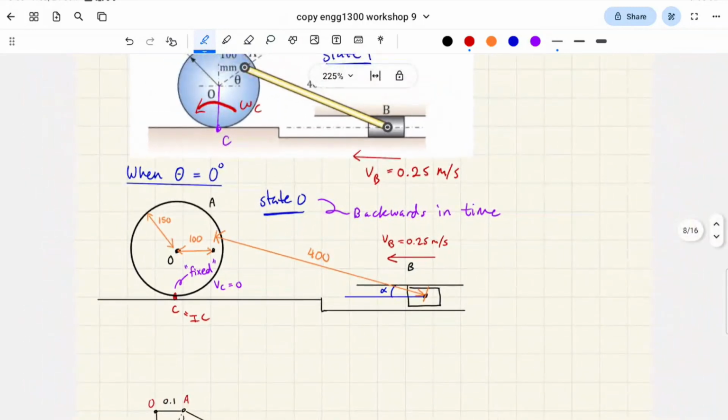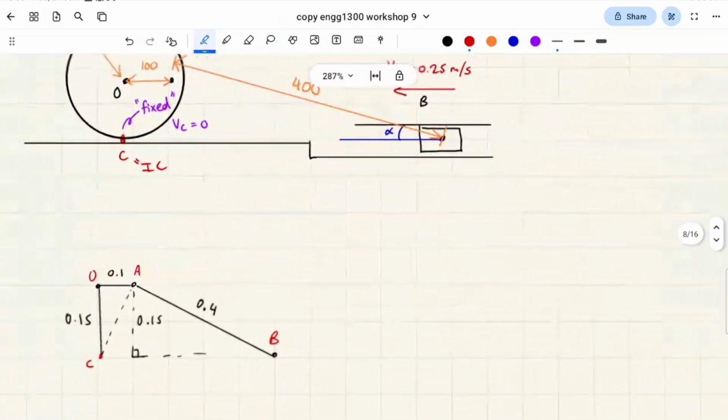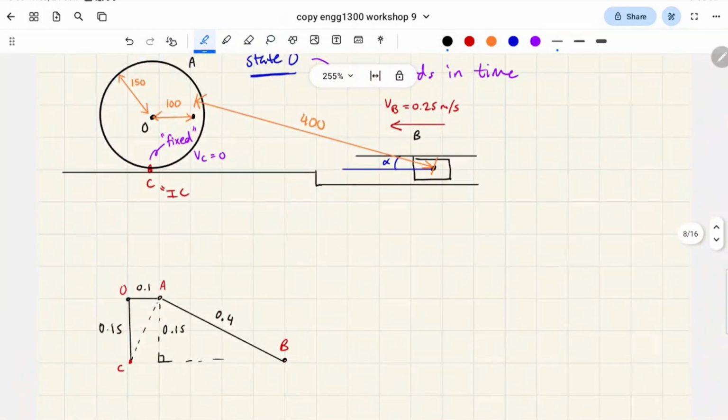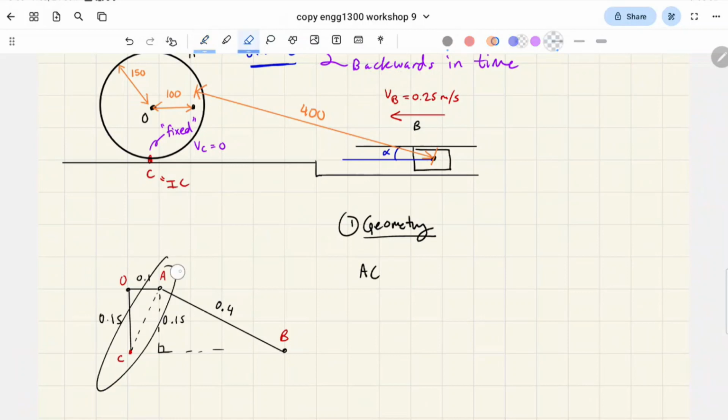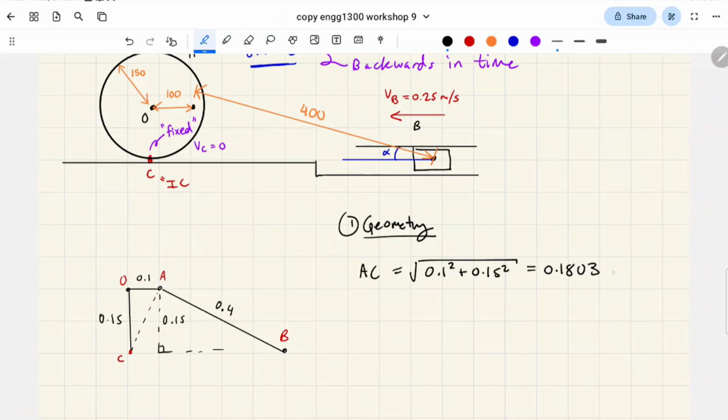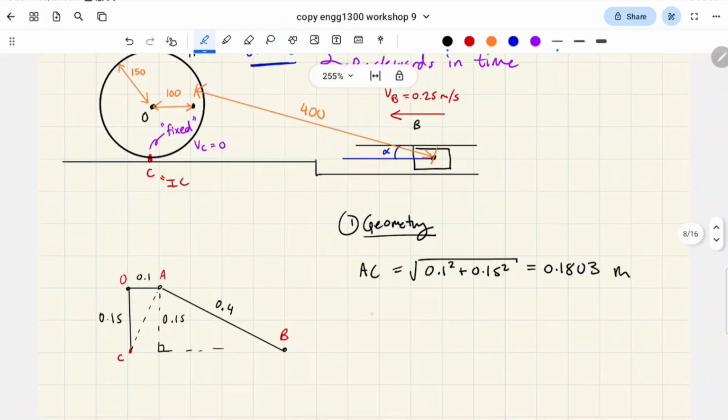Okay. So here I've redrawn everything in terms of just the geometry of the distances between points that we know. So AC, between here and here, is just Pythagoras. Let's call this angle alpha.